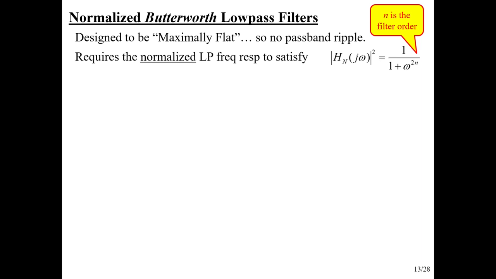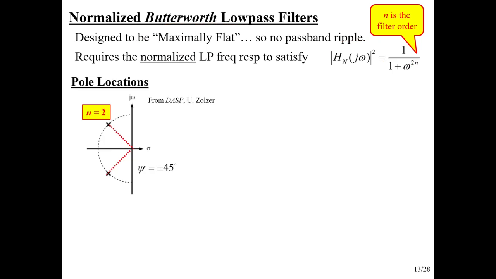But Butterworth worked out the math and showed that to meet his requirements that he defined as maximally flat, the normalized version of the filter should have that form. So this was for the nth order filter because that forms an nth order polynomial. And so that leads to, for n equal to 2, a second order polynomial in S here, which would have two poles.